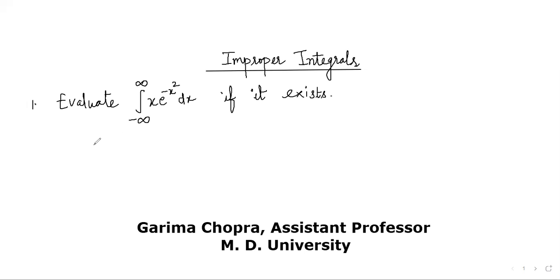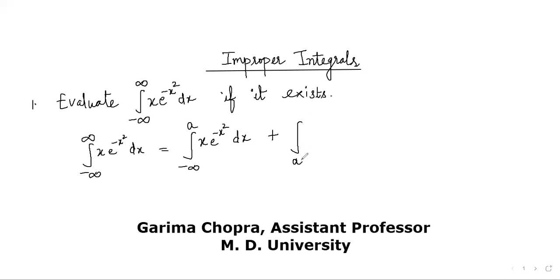So we will be splitting this given integral into two integrals with the help of some real number, say a. This will be the first integral. It is an improper integral because its lower limit is minus infinity. And the second integral will have its lower limit as a and upper limit as infinity.